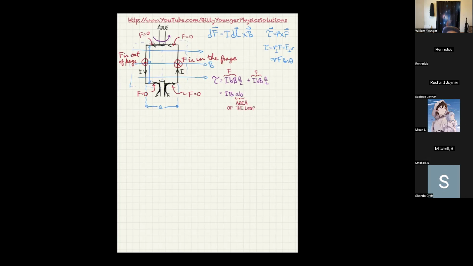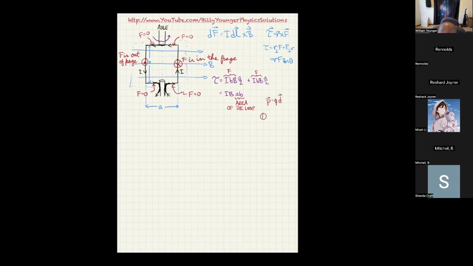And in fact, that plays the same role as P does in electric forces and electric fields. Remember, P was equal to Q times D in some sense.